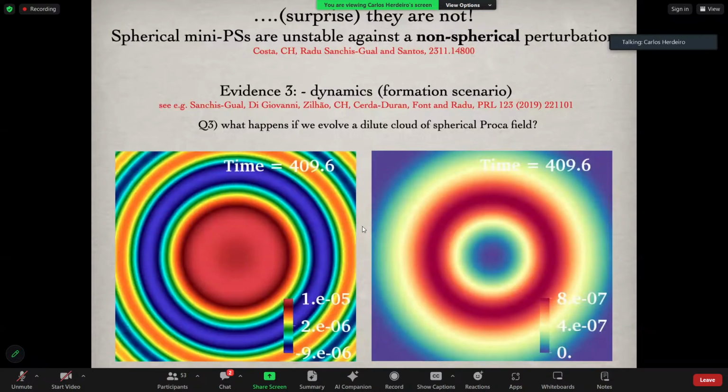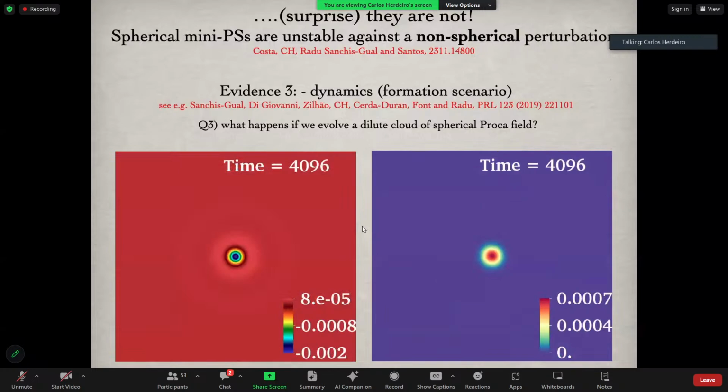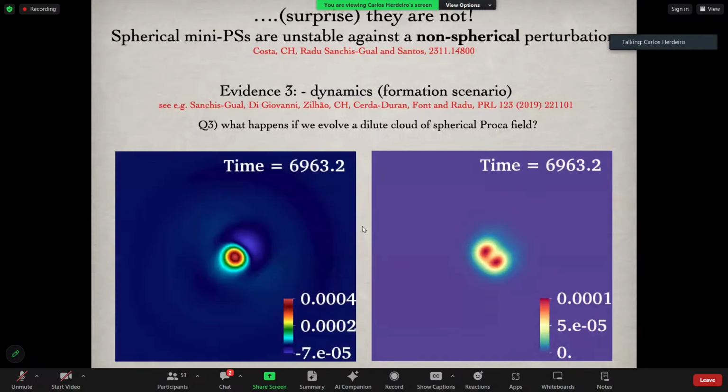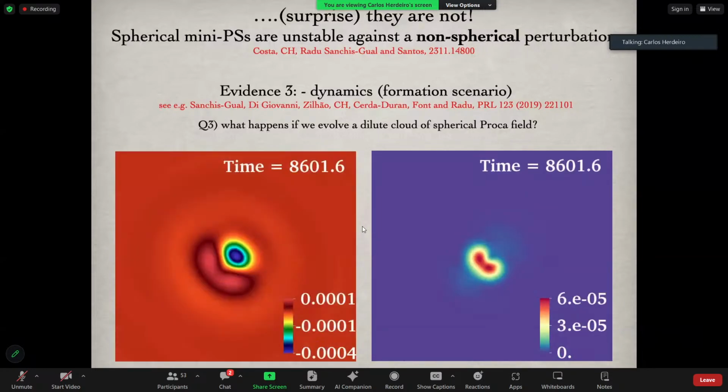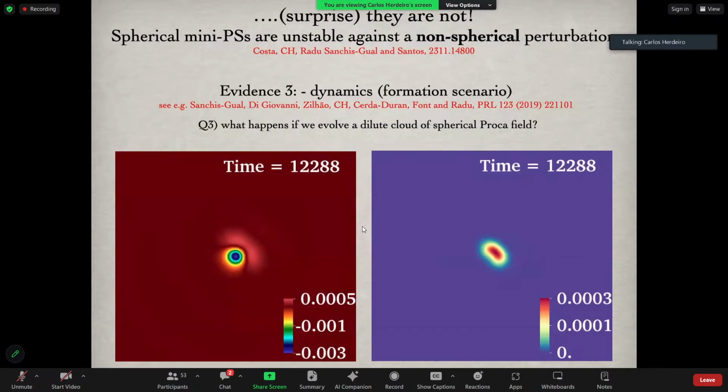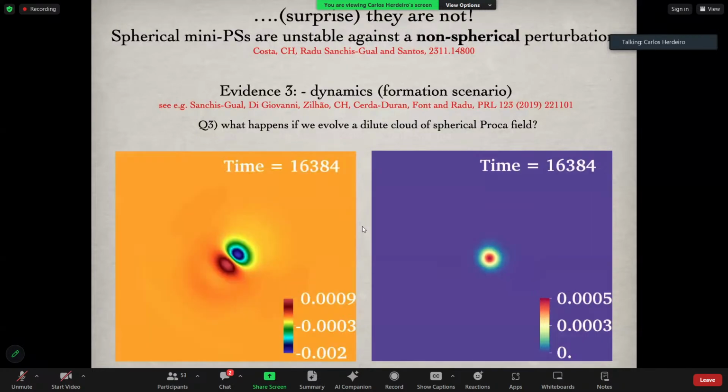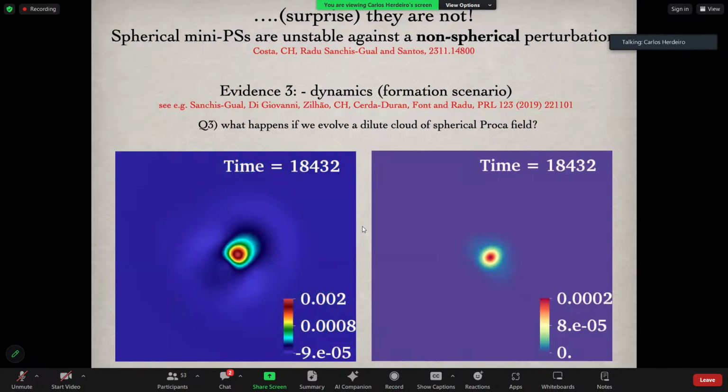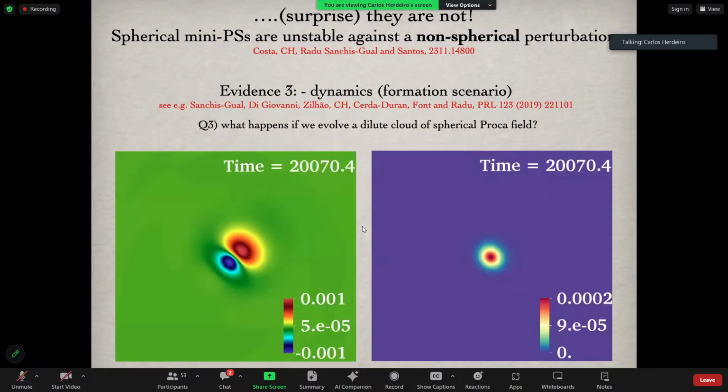What happens is that, imposing no symmetries, one clearly observes in the collapse of the spherical cloud the breakdown of spherical symmetry. And again, these simulations never reach a final equilibrium state, but they hint at a dipolar structure, as you can see in this final snapshot, oriented in some direction, in this case at 45 degrees.